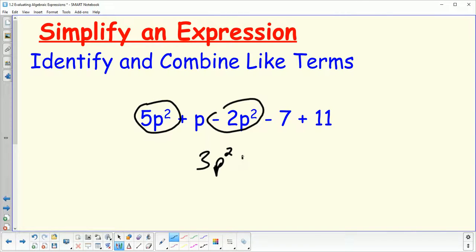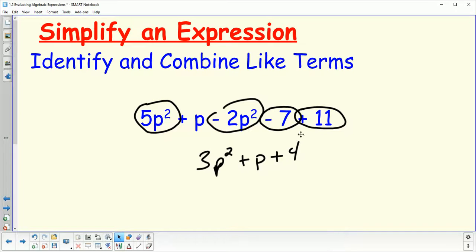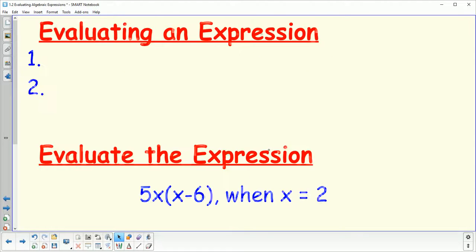There's no other p's, so I'm just going to bring down the plus p. And then here we need to say negative 7 plus 11. And if we combine those, we end up with plus 4. So here there are no other terms we can combine, and that is as much as we can do, because remember the p squared is different than the p.